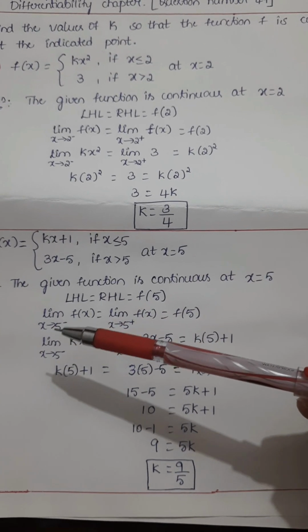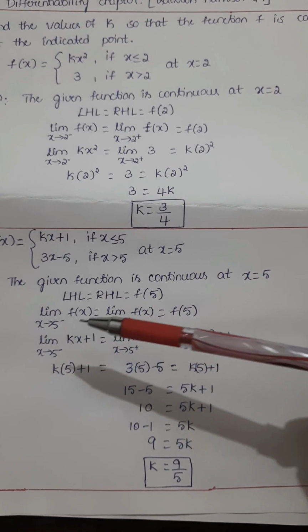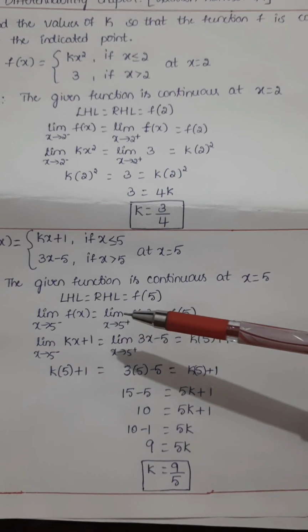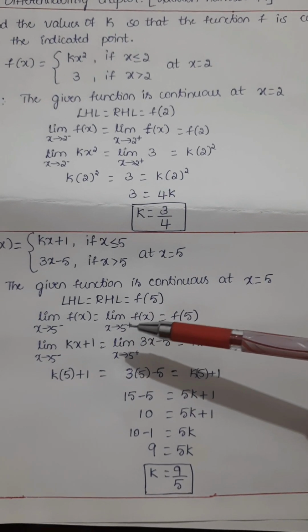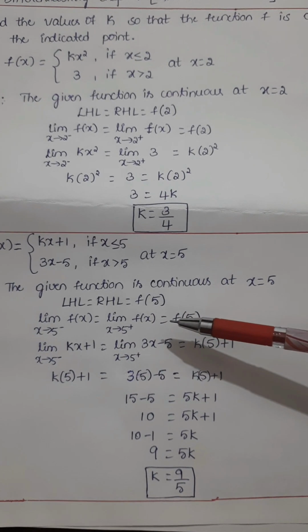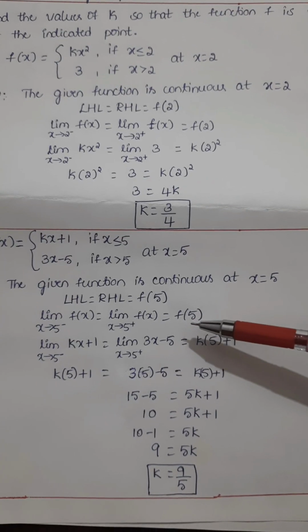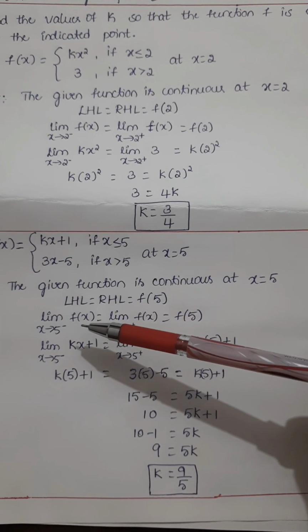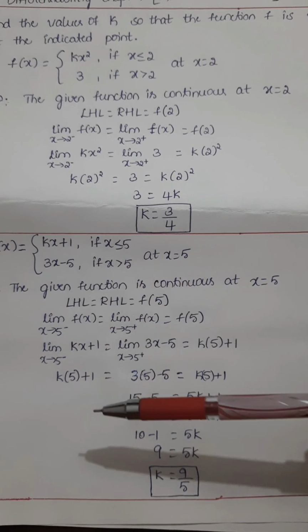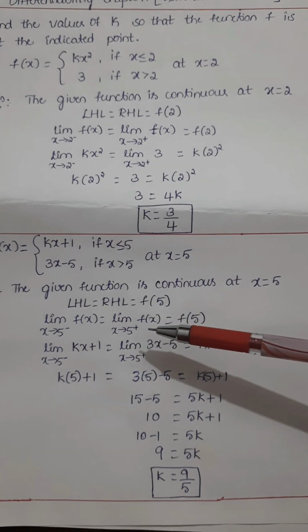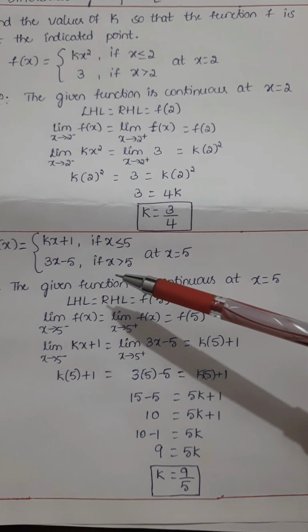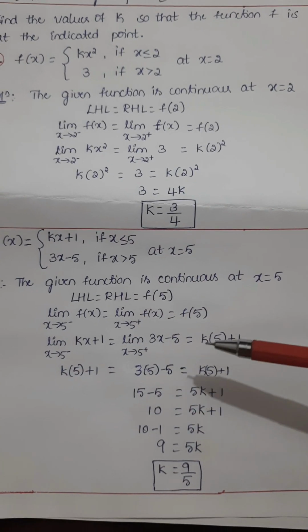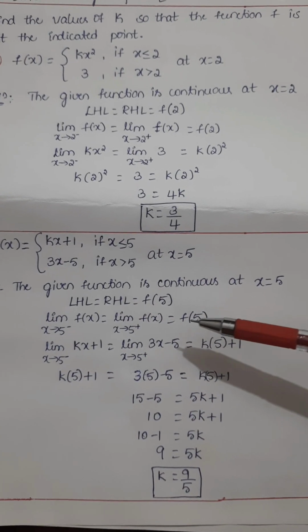Limit x tends to 5 minus f of x is equal to limit x tends to 5 plus f of x is equal to f of 5. For LHL what is the function? kx plus 1. For RHL what is the function? 3x minus 5, the greater than sign function.